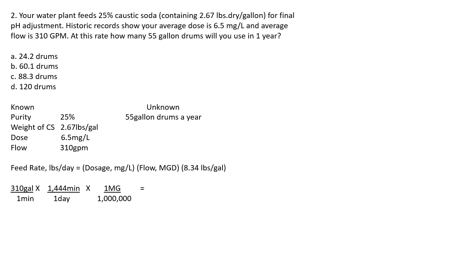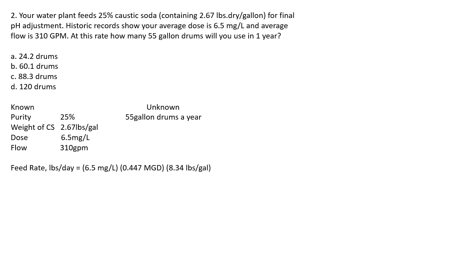So you do your math, and you get 0.447 mgd. Now we can plug this into our formula. Your dose of 6.5 milligrams per liter times 0.447 mgd times 8.34 pounds per gallon, and you get 24.2 pounds per day. So next we need to convert to gallons of caustic.